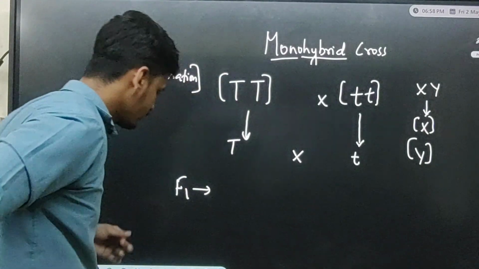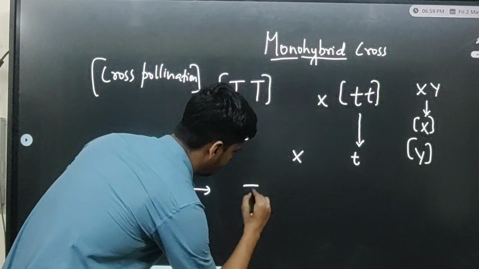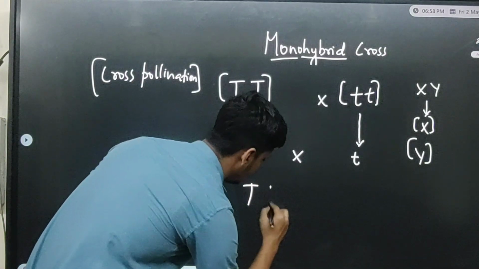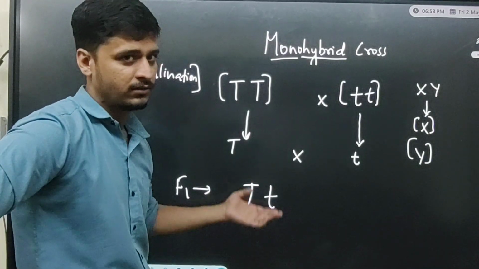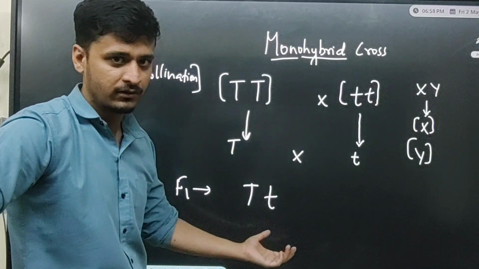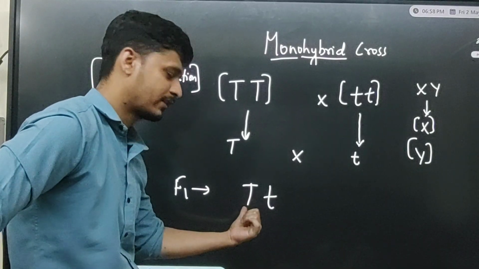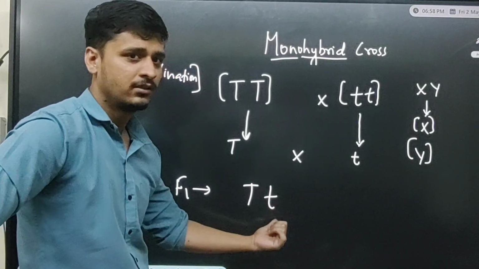Okay, so in the F1 generation, after the cross between these two gametes, capital T small t is produced, right? So capital T small t, ये तो heterozygous condition है. Heterozygous means one allele is capital and one allele is small.